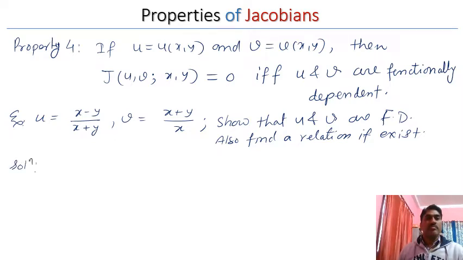So let us first find the Jacobian of uv with respect to x and y.